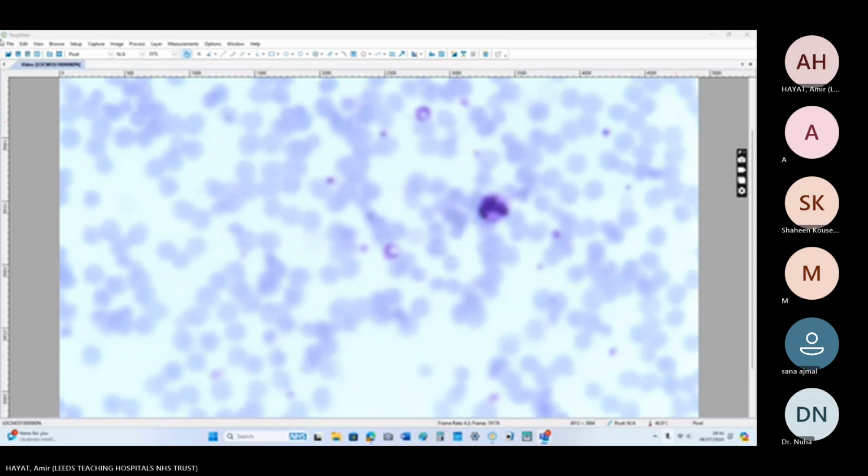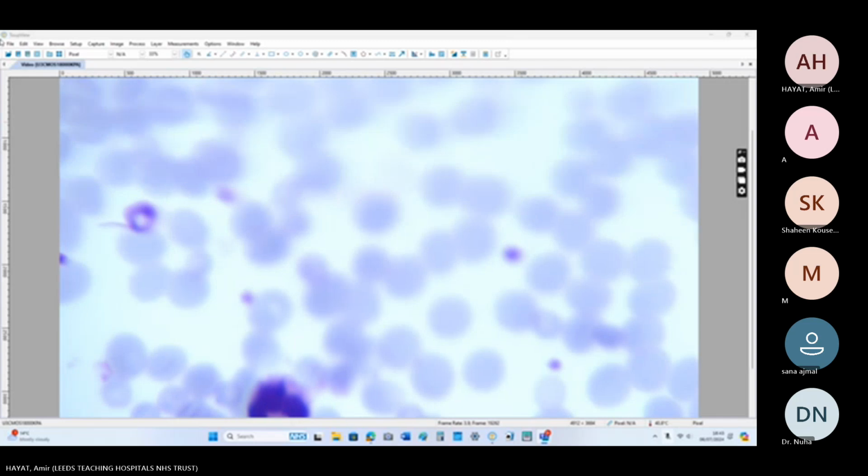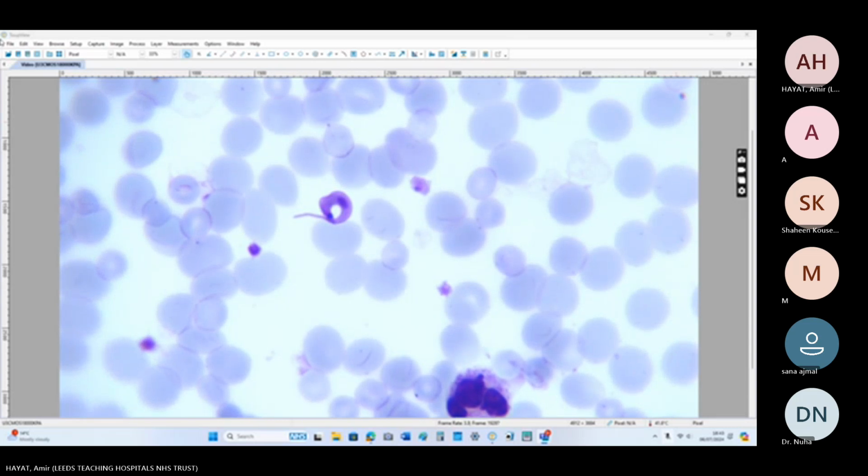In this film, there is some rouleaux formation on the RBCs, and the platelet count is unremarkable, but the platelet size is increased.